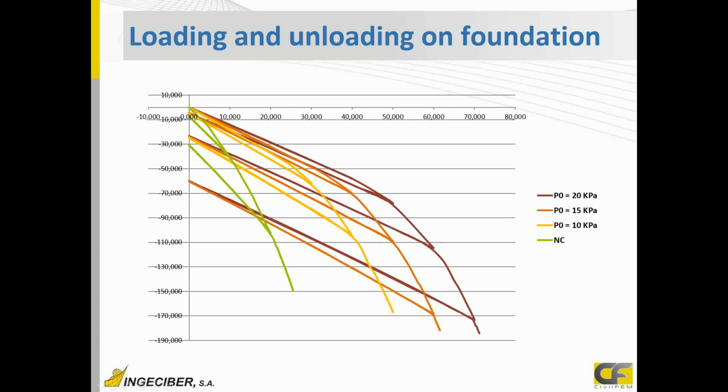In my other models, the consolidation load is much higher, so I will have elastic behavior until my loads, for example, the last one with an over consolidation state of 20 kilopascals, I will have this behavior following this line until my pressure starts producing yielding, unload my model, load again, unload, and load again. I can see the capacity of my soil is much higher, having exactly the same clay, but increasing the consolidation state, I will have higher capacity.